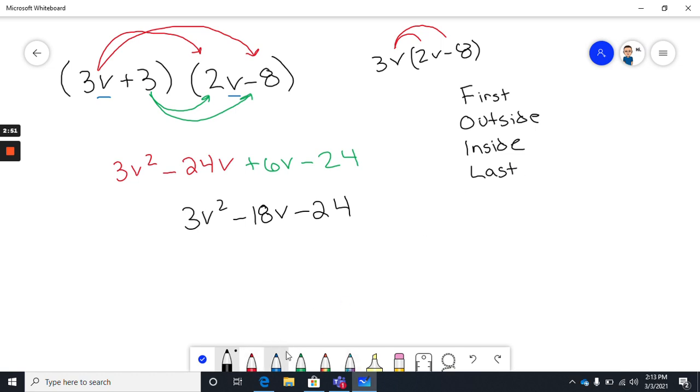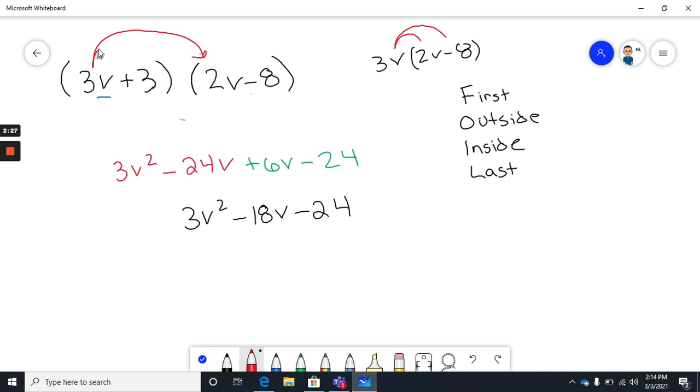So if you notice, if I erase our green arrows and our red arrows, we first multiplied our two first things, our leading things in our parentheses.